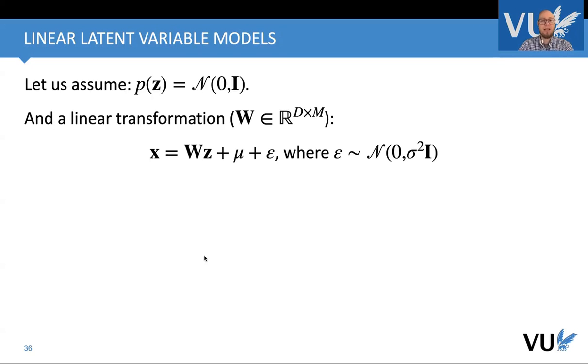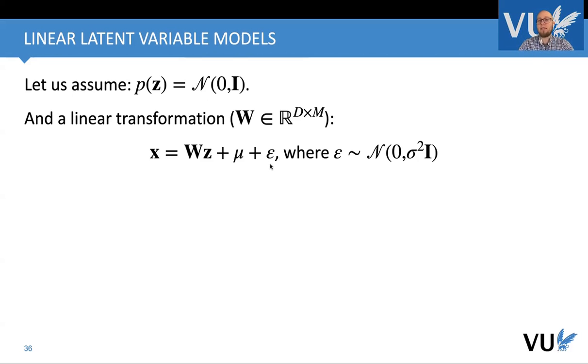Now we say that in order to generate an object in high-dimensional space, we transform this z by applying a linear transformation. In other words, we just multiply it with some matrix W. We also add some shift, because these are from a standard Gaussian, so maybe we want to shift this standard Gaussian and then transform it.